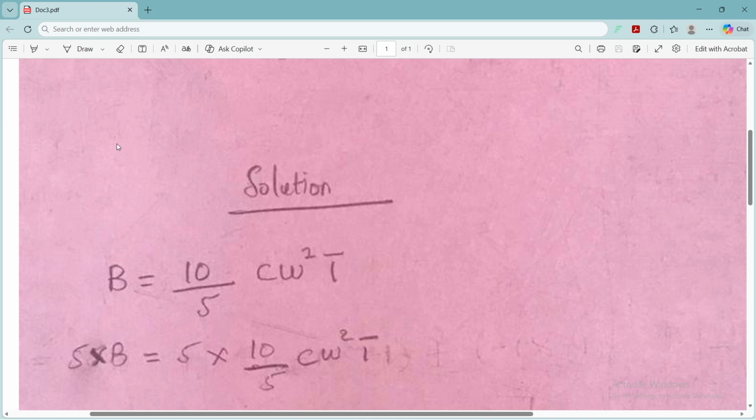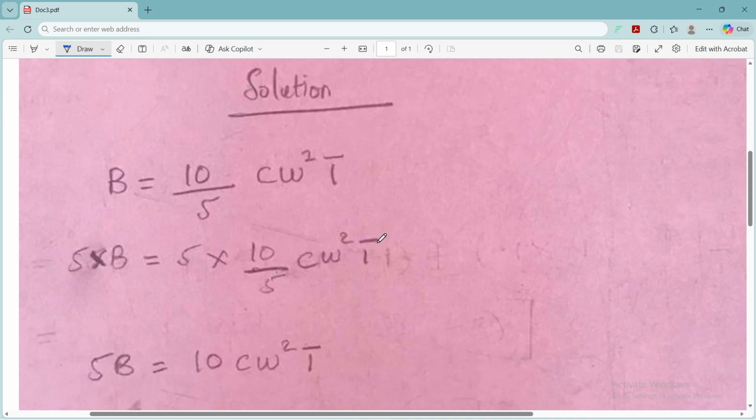When we state that, we have to cancel out. This 5 here would cancel itself out and it will cancel the 5 here. In expanding, 5 multiplying b will give us 5b, and 5 will cancel itself out here.